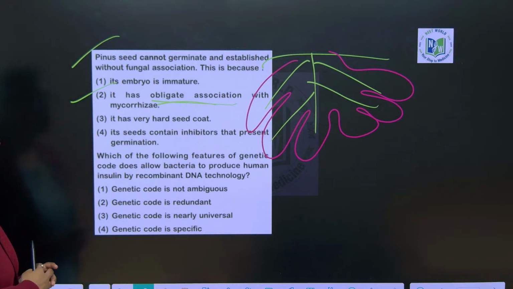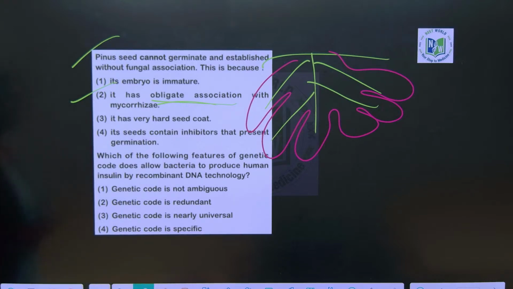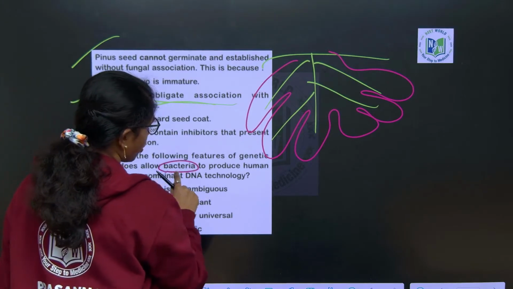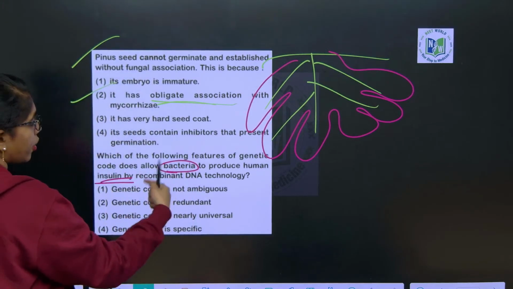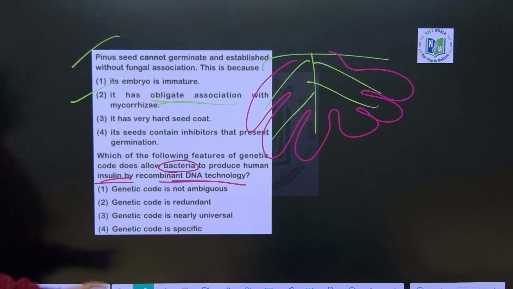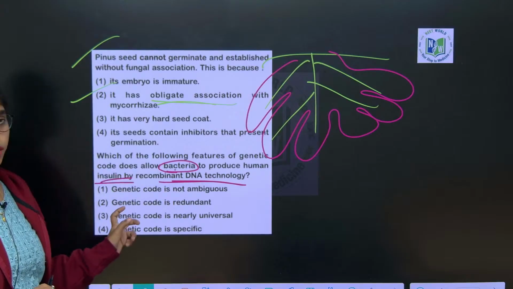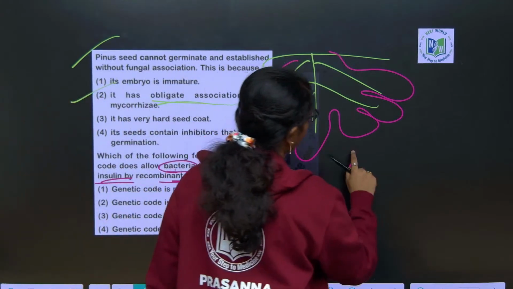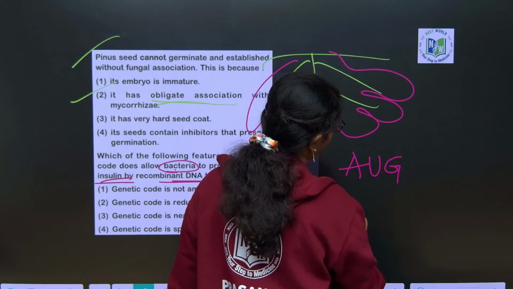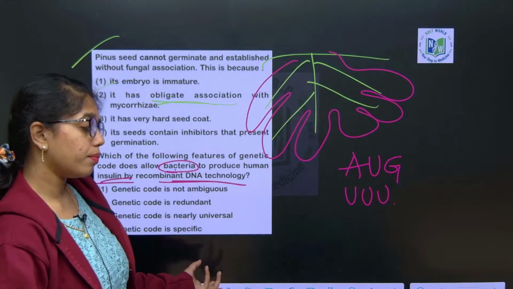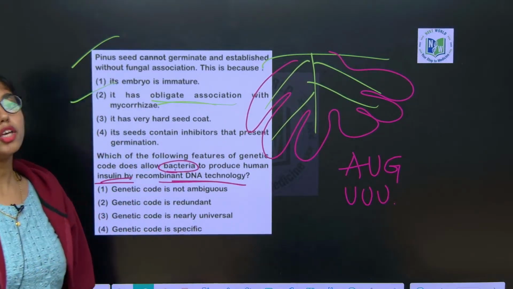Next, which of the following features of genetic code allows bacteria to produce human insulin in recombinant DNA? This is from biotechnology, wherein, be it bacteria or human being, the genetic code is universal. AUG codes for methionine only, UUU codes for phenylalanine only, be it in a bacterial cell or a human cell.